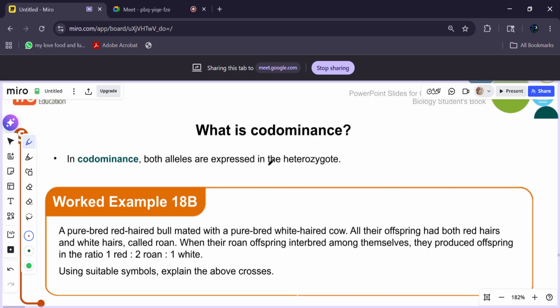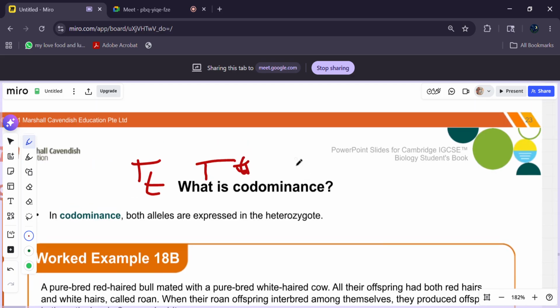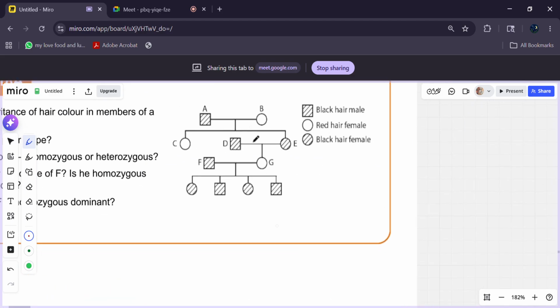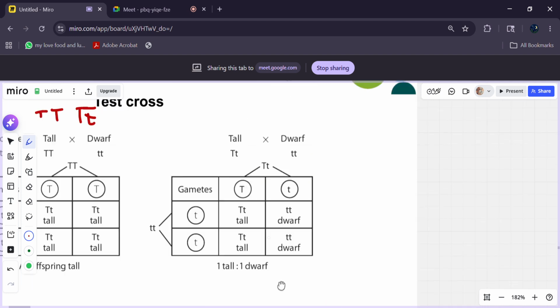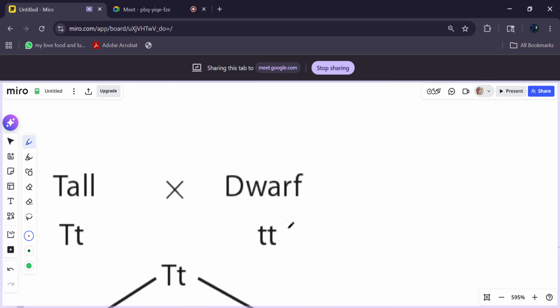That means both of the parents are heterozygous. It means both of them have different alleles. Like in the plant case, the second parent was homozygous because they both have the recessive.